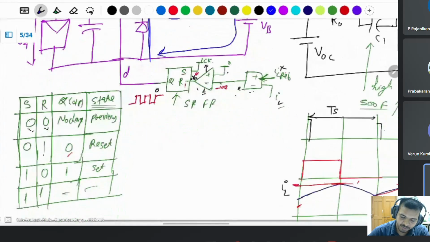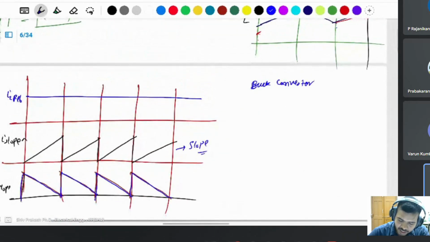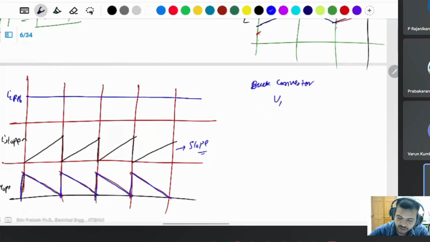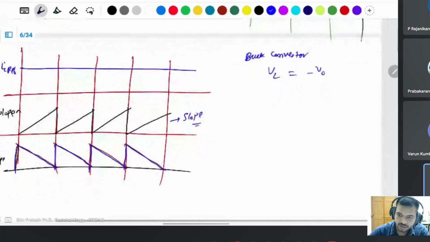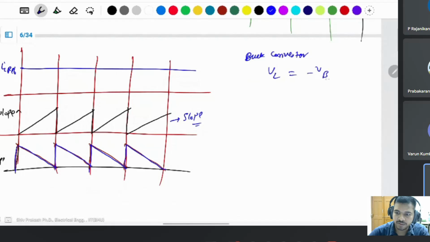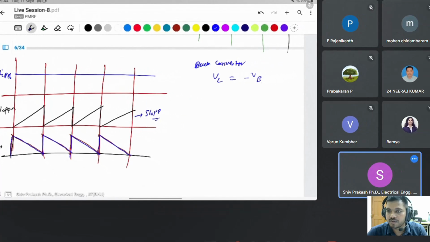It is the same voltage. That means L di by dt is the voltage, V minus V naught, a VB. Someone is asking, if the IL reference is 10 ampere, you are subtracting 10 ampere from the sawtooth.